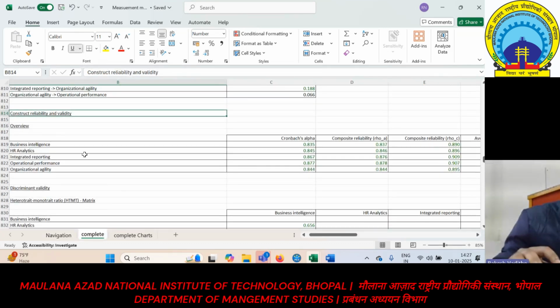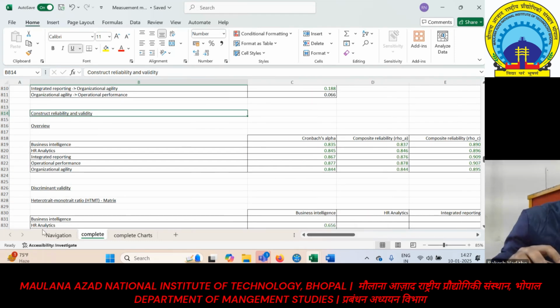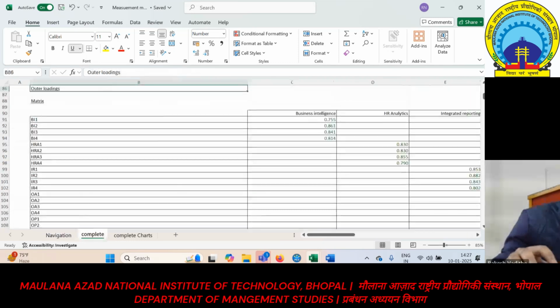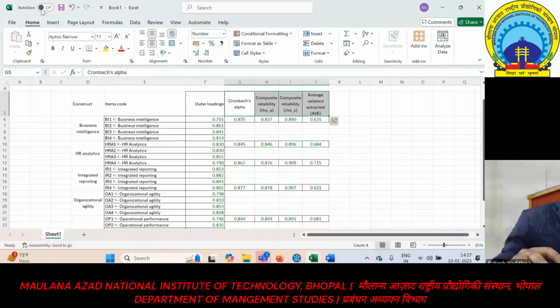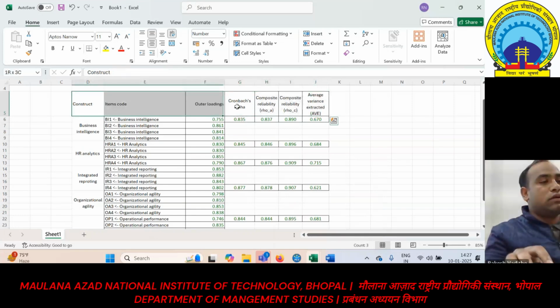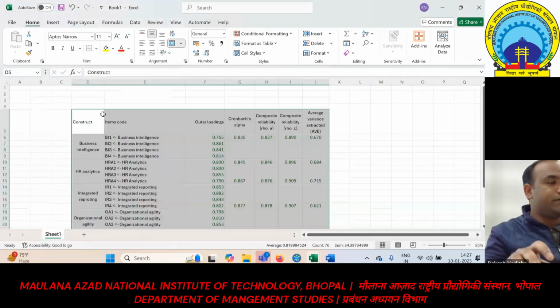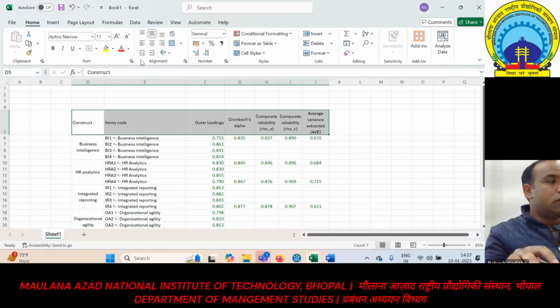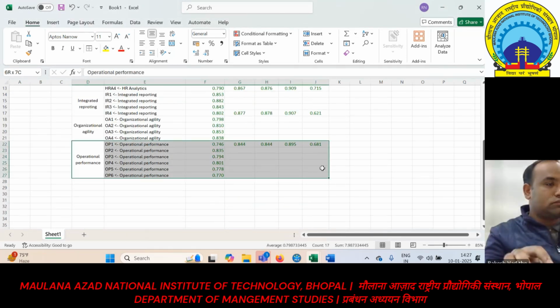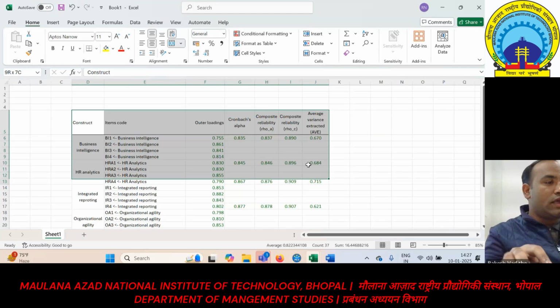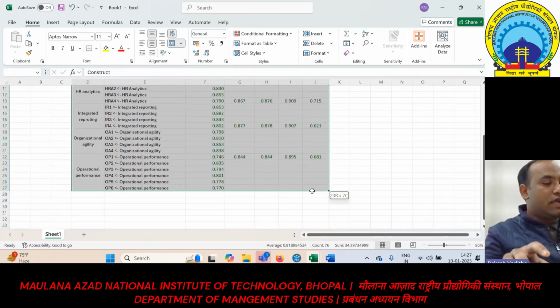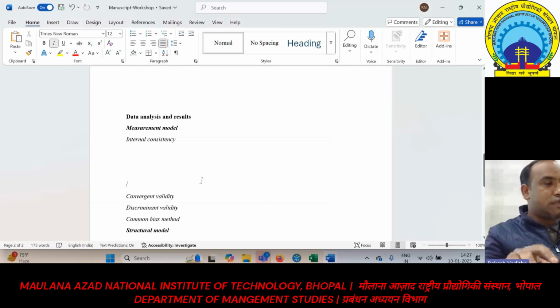Here you will get the overview of that construct reliability and validity. Then this table you need to copy and paste in that manuscript.